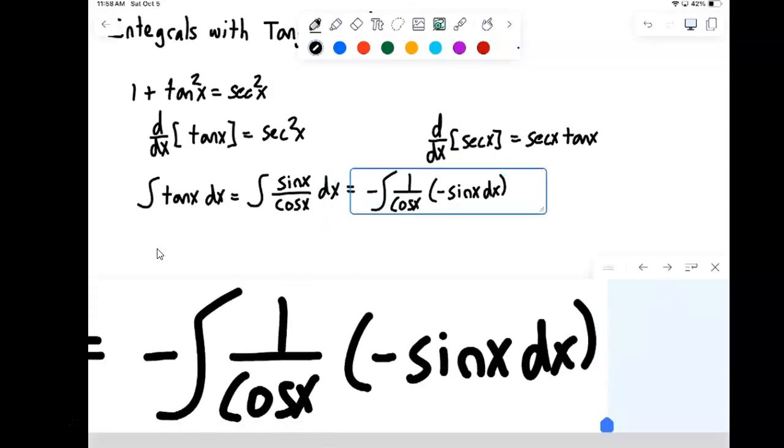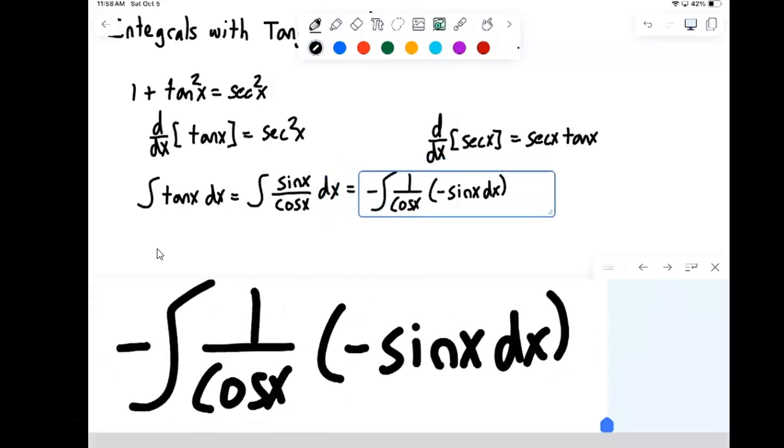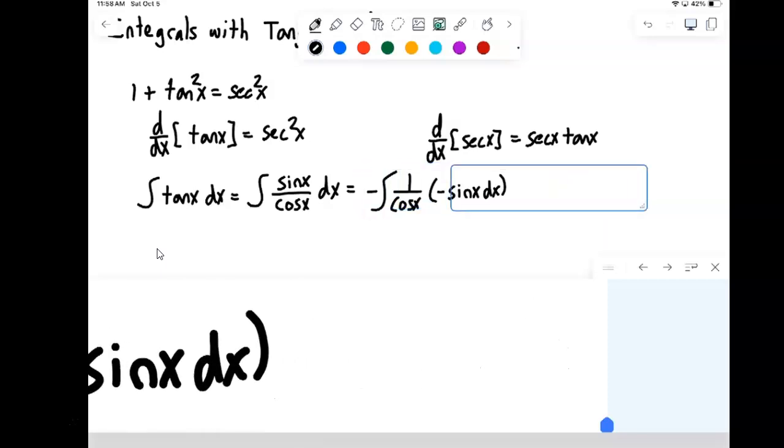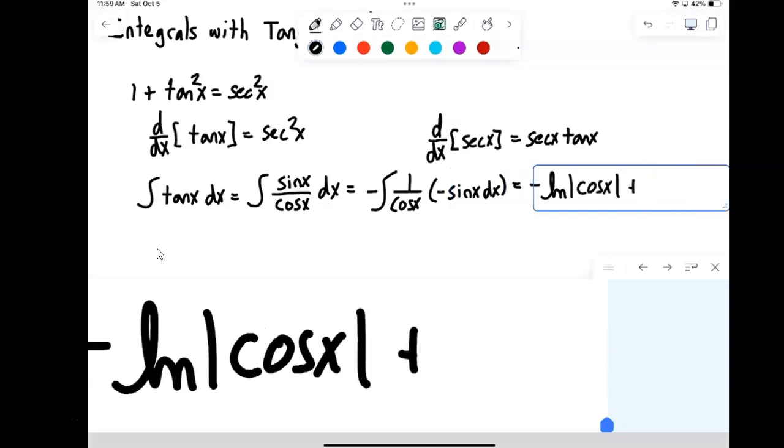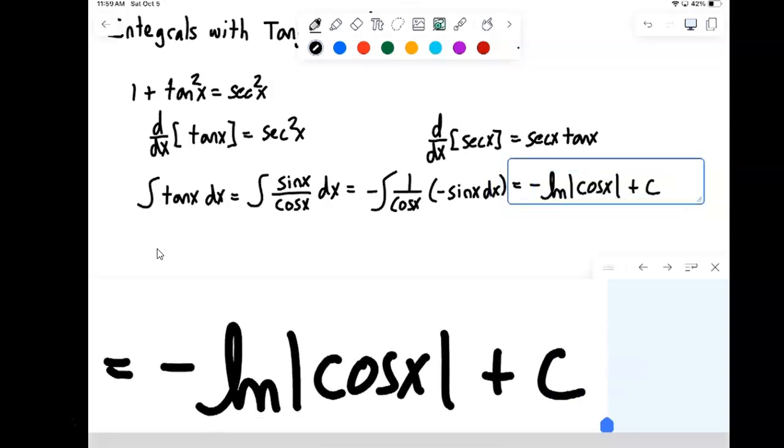So that's just a 1 over u integral now, 1 over u du. And of course that works out to be ln of u, which is cosine x. So the integral of tangent is negative ln absolute value cosine x plus a constant.